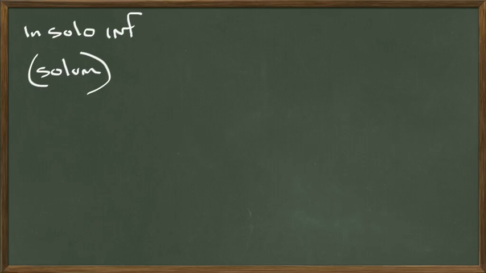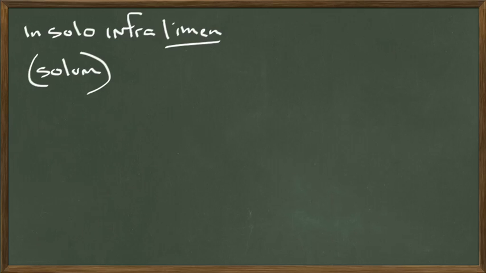So, in solo, solum is the floor or the ground. So in solo is the ablative of it. In solo, infra limen. Limen is threshold in Latin, and it is a neuter word, so it's the same in accusative as it is in the nominative.